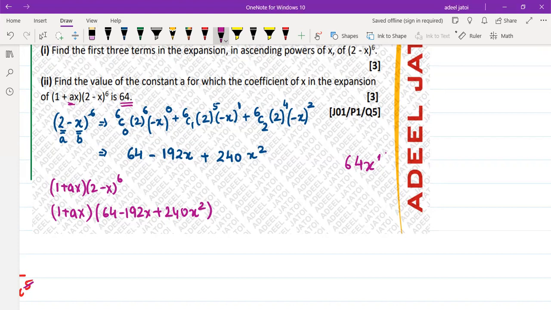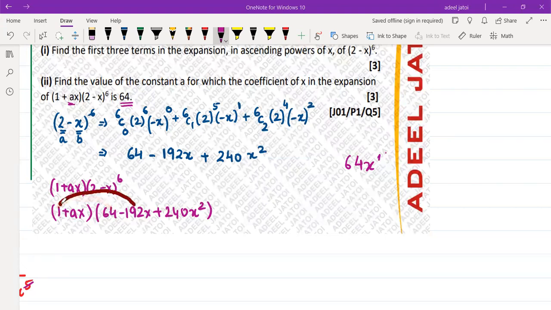And you can also see that when 1 will be multiplied by 64, you will get constant. But when 1 will be multiplied by 192, you will get value with the coefficient of x. So can we do this thing that we can directly multiply? 1 into 64 is 64.